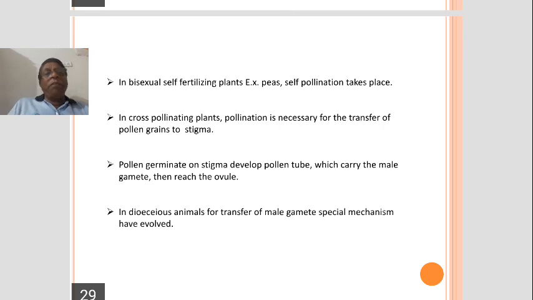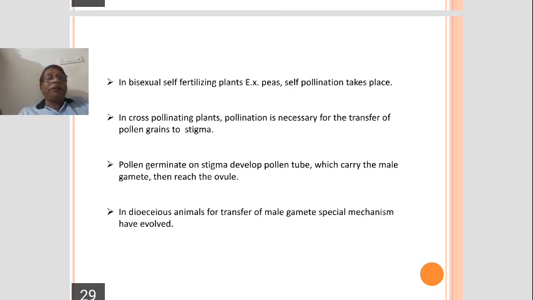In animals, we have seen the plants. What about in animals? How are the gametes transferred? Of course, in hermaphrodite animals, both the male and female gametes are nearer each other. What about in dioecious animals?